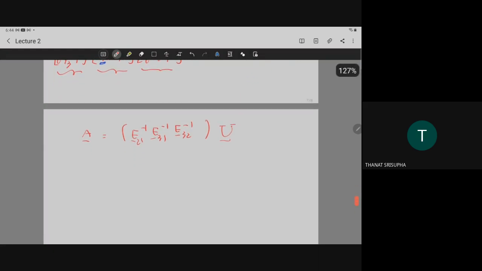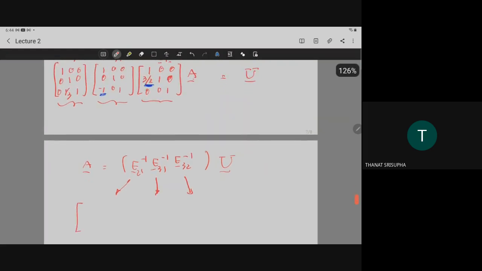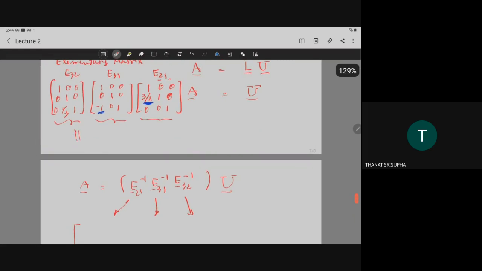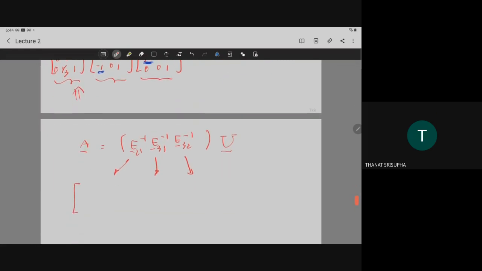Each of these terms is just the inverse of these elementary matrices. This is very interesting. They are the same, just a different sign.